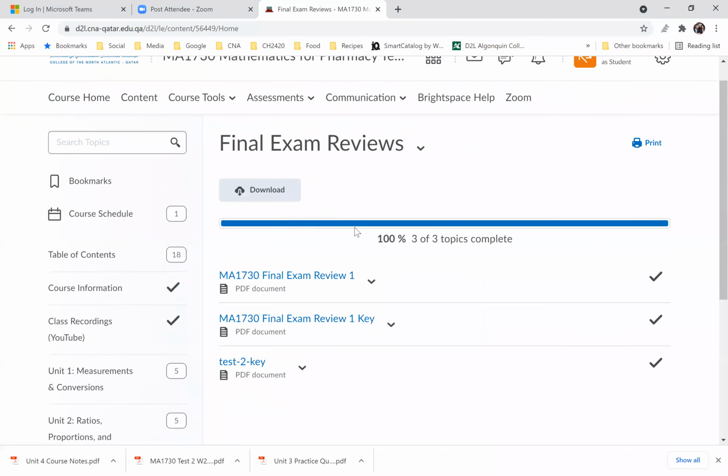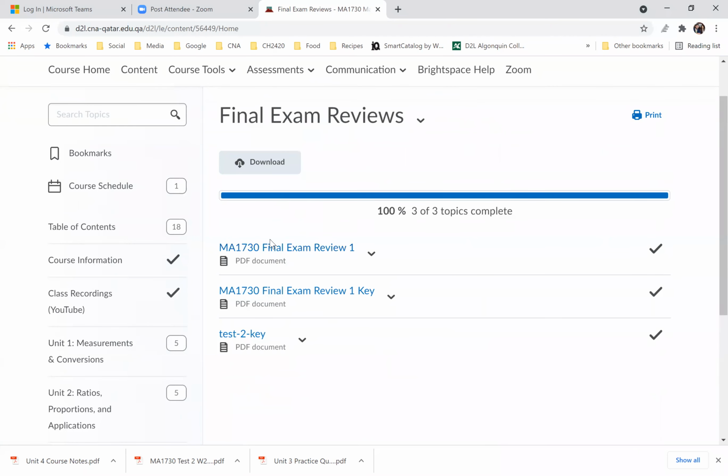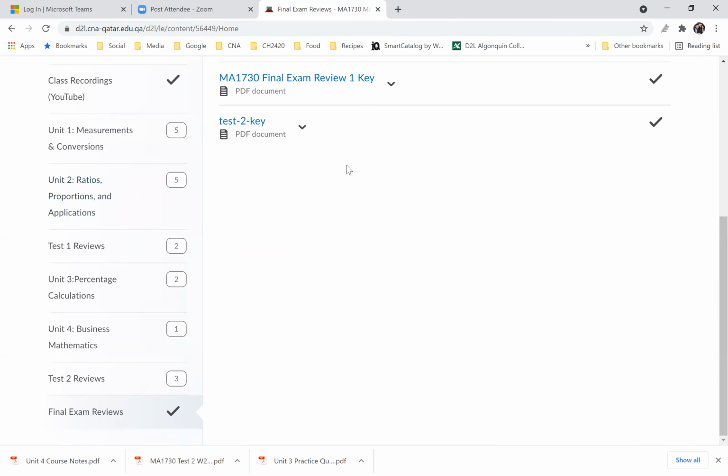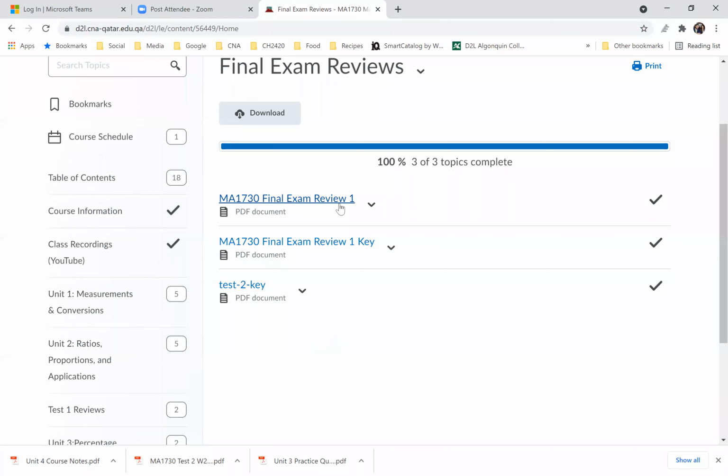So I'm in content on your D2L, and I showed you guys this briefly yesterday. I'm in the final exam reviews right at the bottom. So I click at the final exam reviews, and you'll see there's a review and an answer key, and here's your test 2 key.